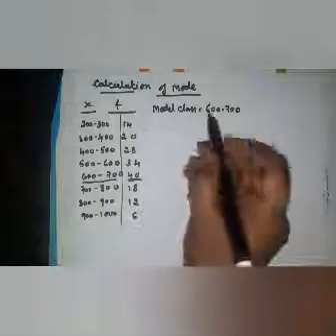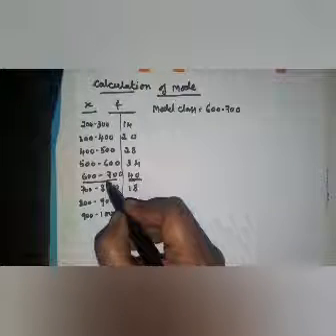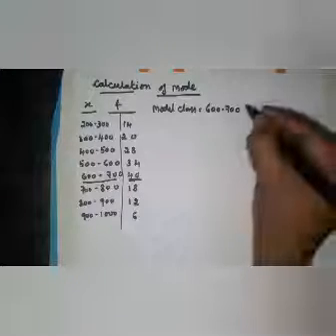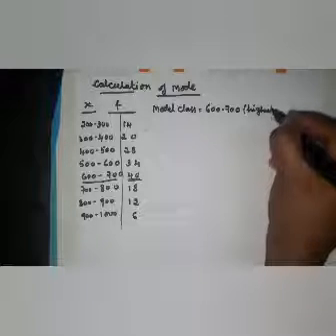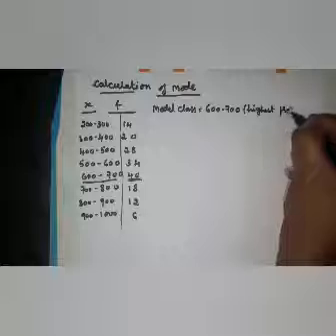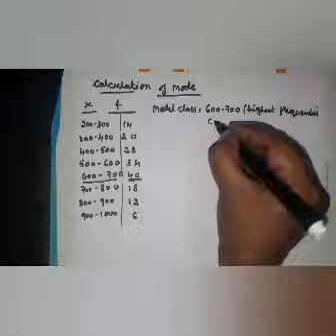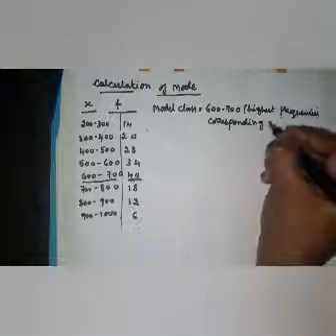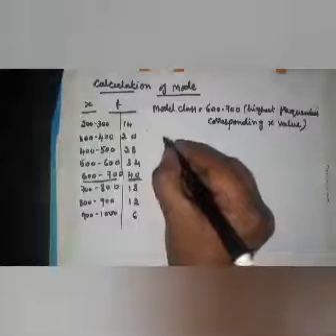We have taken the modal class as 600 to 700 because the highest frequency is 40 and its corresponding x value is considered as the modal class. Then we have to calculate the mode.